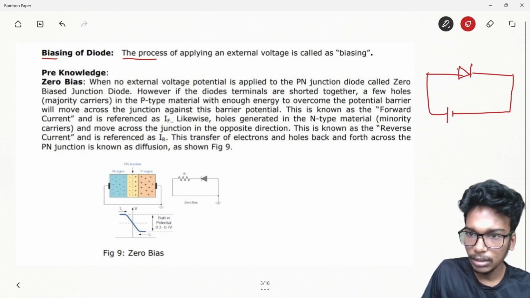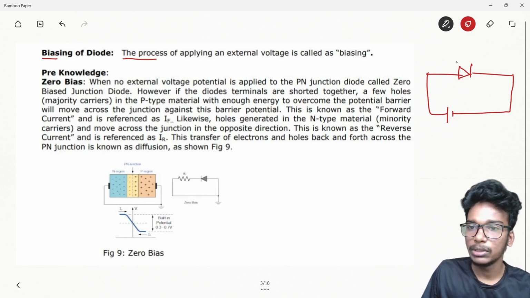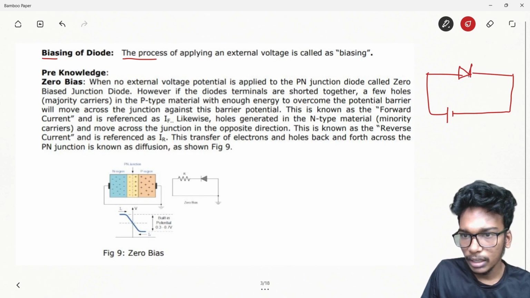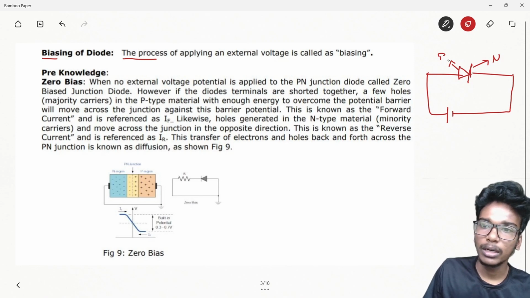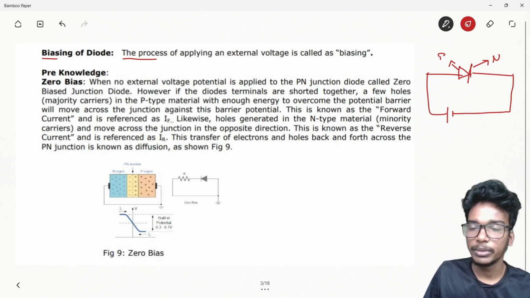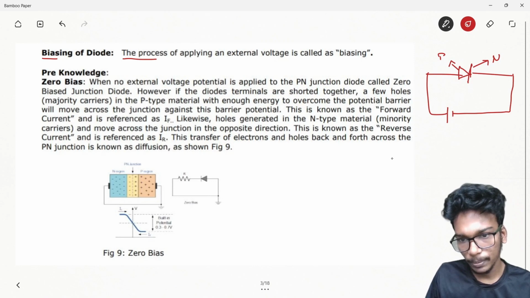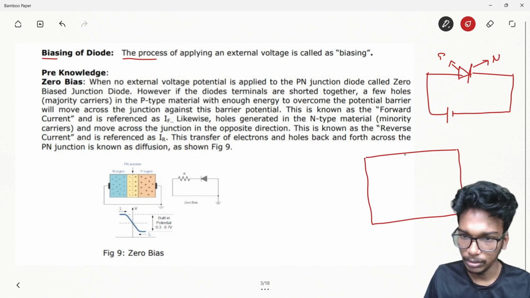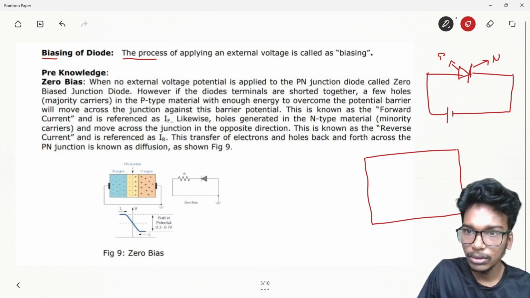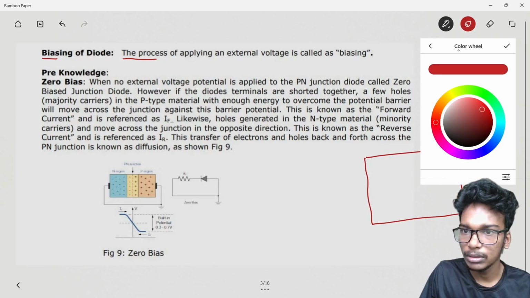Just see, this is the representation of a PN junction diode. Here, this line represents the N side and this arrow indicates the P side. Remember this. This is what I forgot to mention in the previous video. In a PN junction diode, just think of this as a magnified version of a PN junction diode.